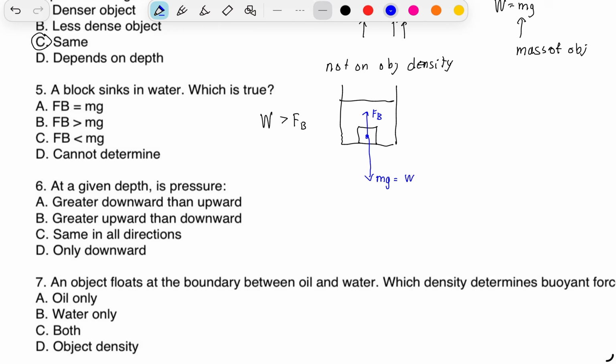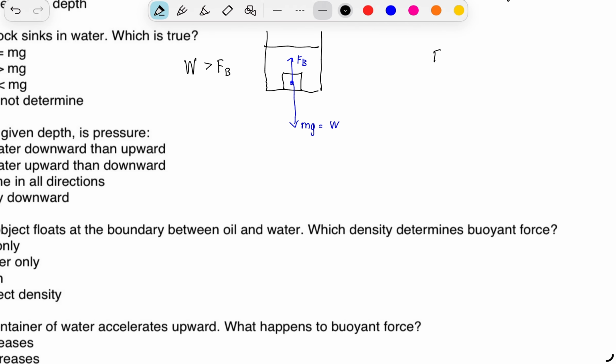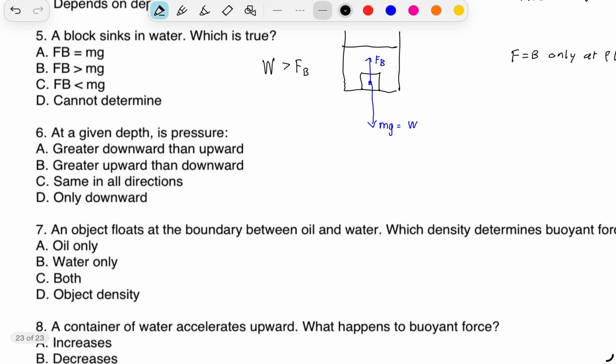Your weight force has to overcome that buoyant force in order to pull the block down. So buoyant force does not equal weight. FB is equal to weight only at floating equilibrium. But here we're talking about when it sinks, therefore our answer is going to be C.